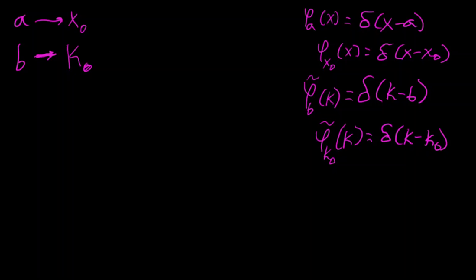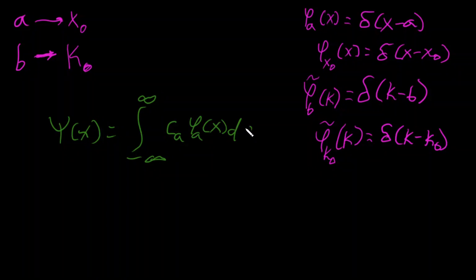The reason that I used this A and B notation in the previous videos is that we had to write integrals like this: psi of x is the integral from negative infinity to infinity of c sub a phi sub a of x dA.